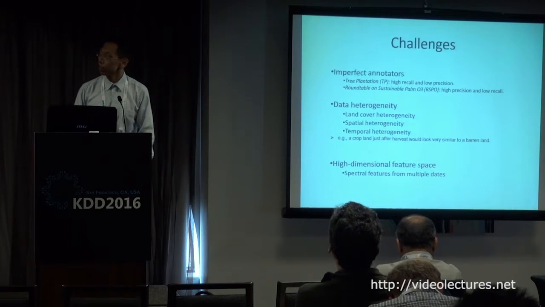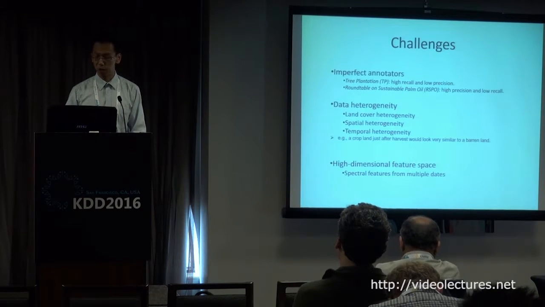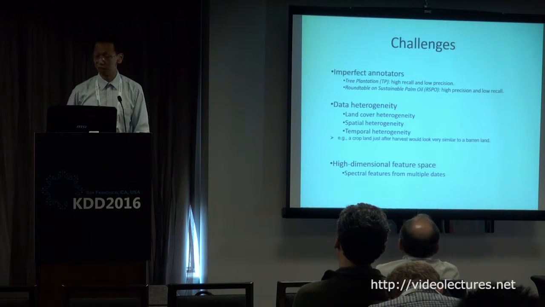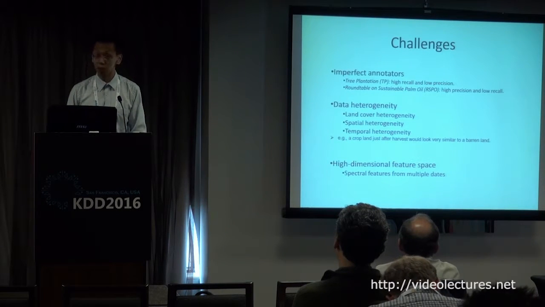The main challenges of our problem are in 3 aspects. First, as we mentioned, we don't have very good ground truth data, since both of these existing products have some problems. Second, there is heterogeneity within the data.